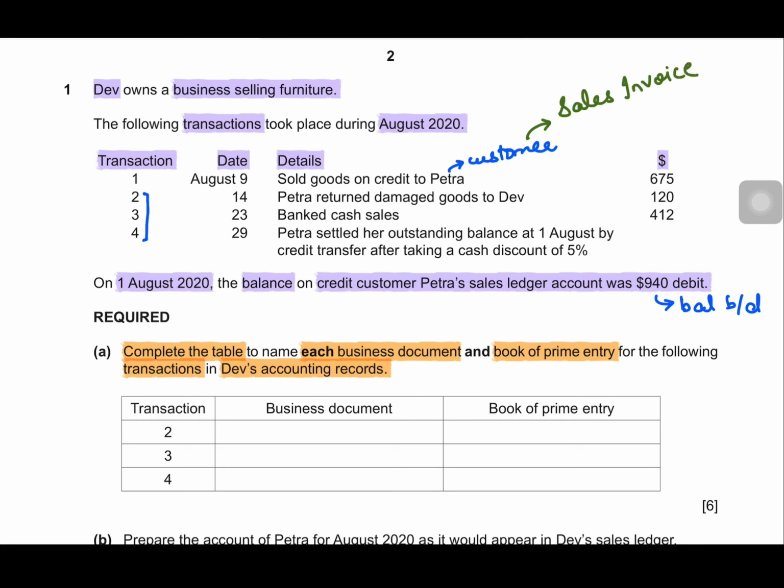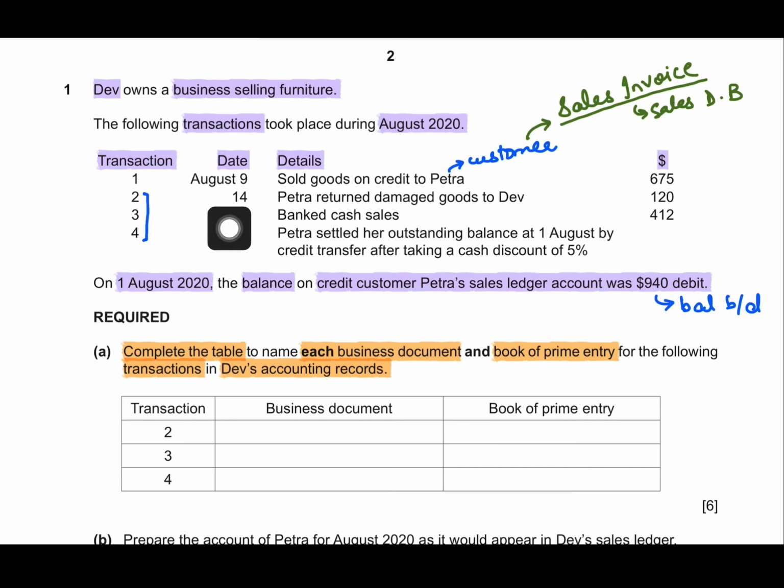To document a credit sale, a sales invoice would be made by Dave and this will be issued to Petra. And therefore, in which book of original entry will this transaction be recorded? In the sales day book, right? All credit sales are recorded in the sales day book. If they are on cash or on cheque, then they are not recorded in the sales day book but rather in the cash book. However, you are not asked to record the first transaction.